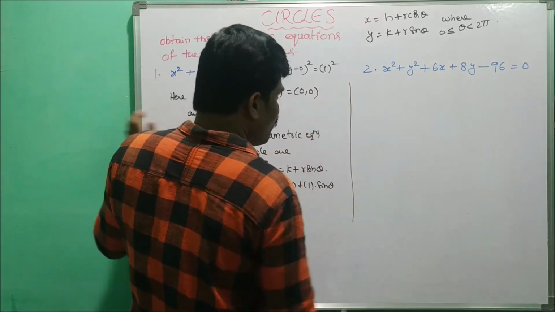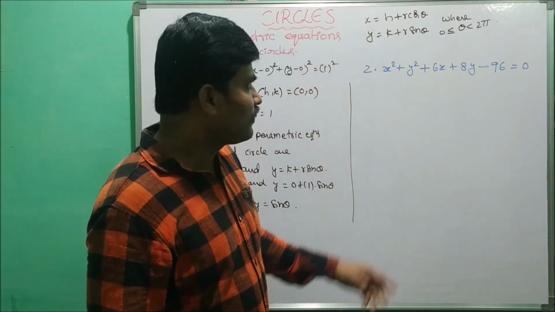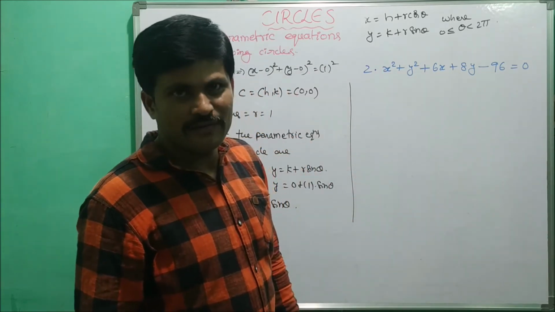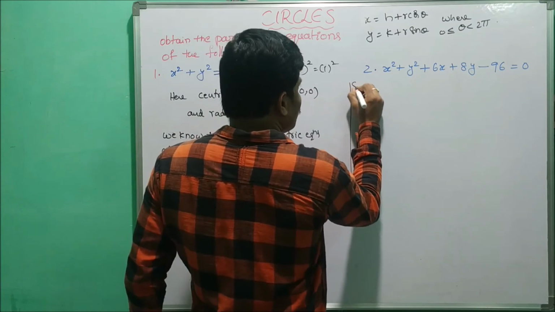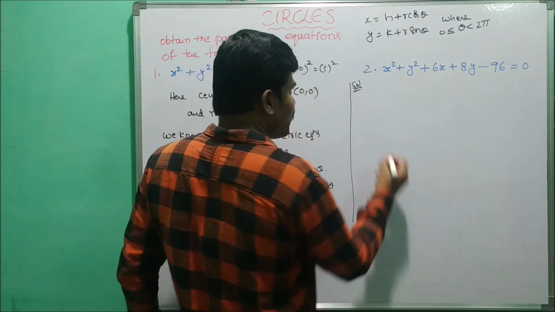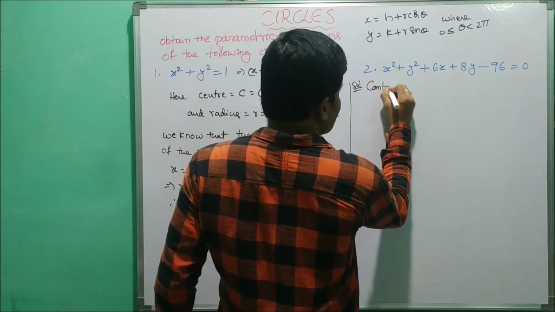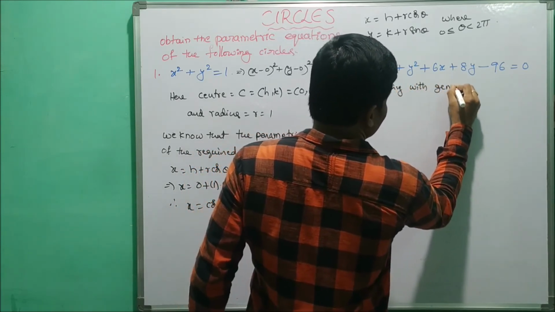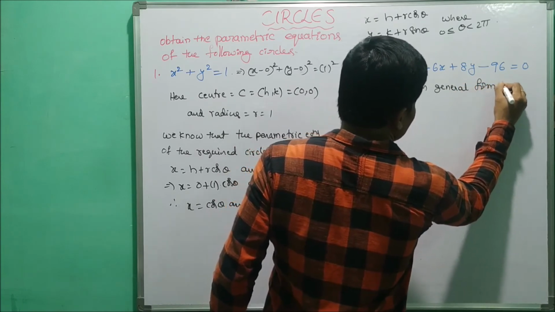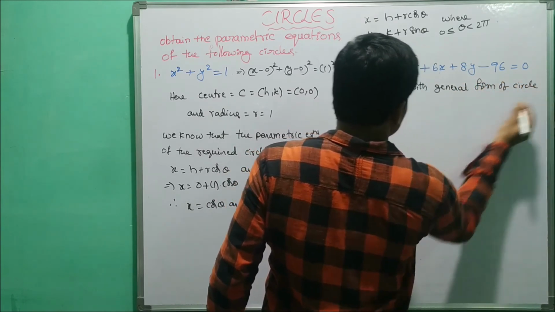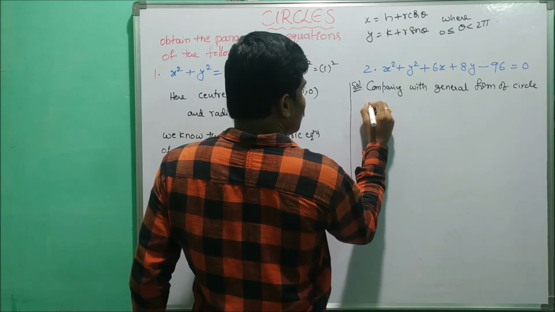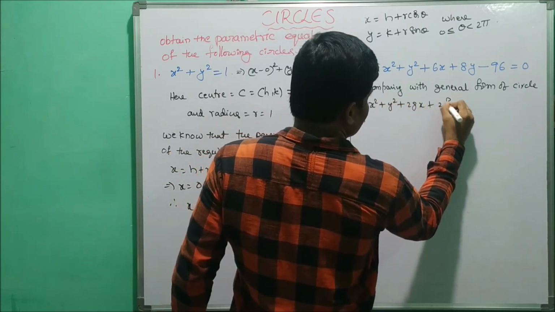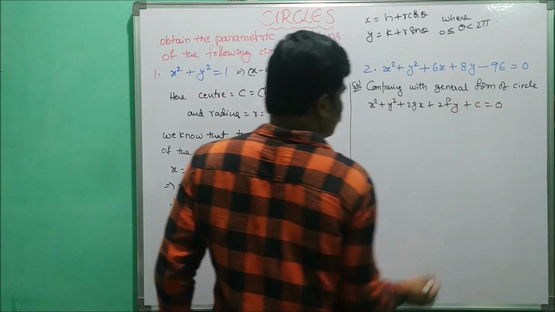Similarly, we observe the second equation of circle. First find the center and radius of the given circle. Now comparing with the general form of circle, that is x square plus y square plus 2gx plus 2fy plus c equal to 0.